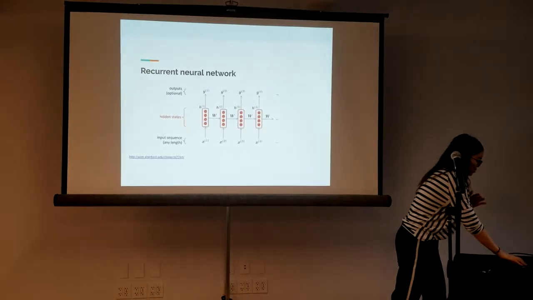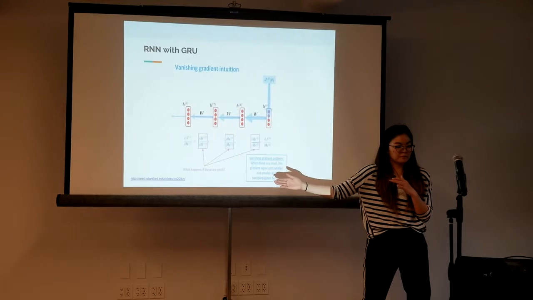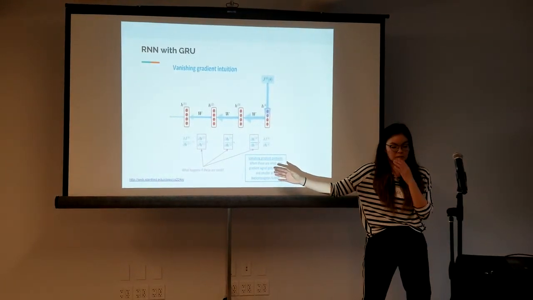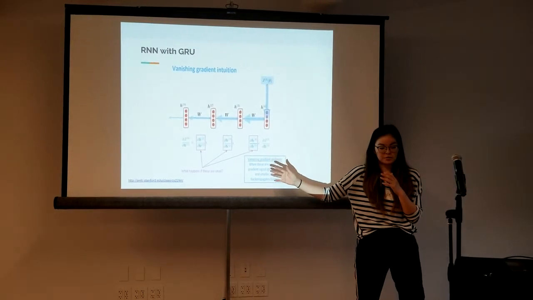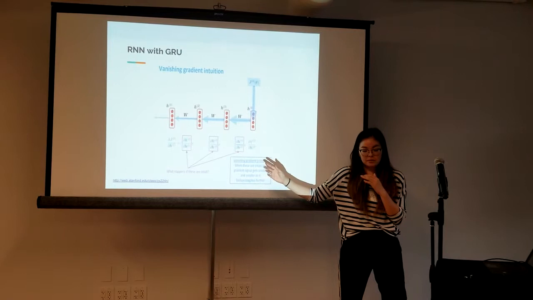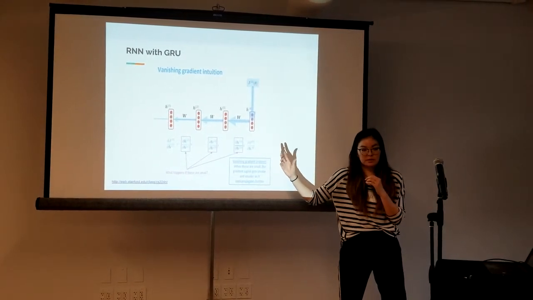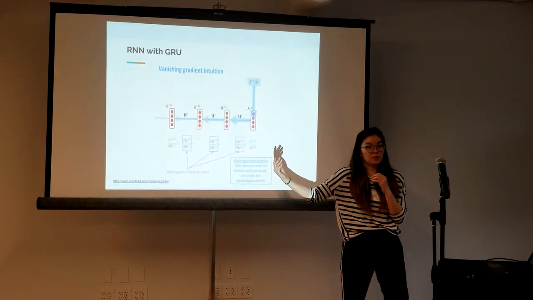And I use gated recurrent units because of the vanishing gradient. The gated recurrent unit is a recurrent neural network, but it has additional features where it learns what parts of previous hidden units to send to the next one.